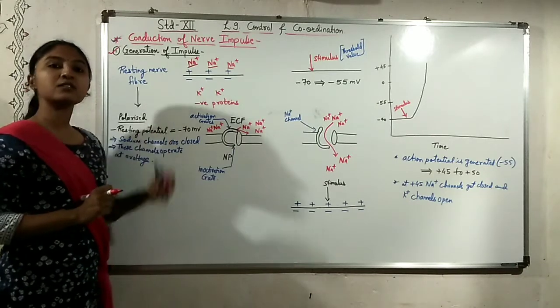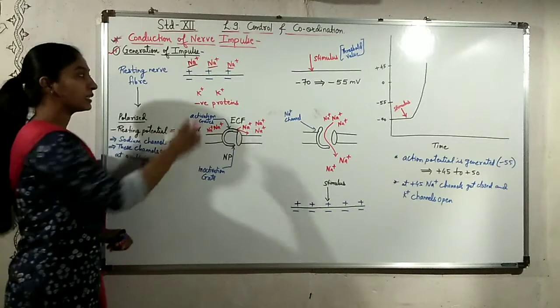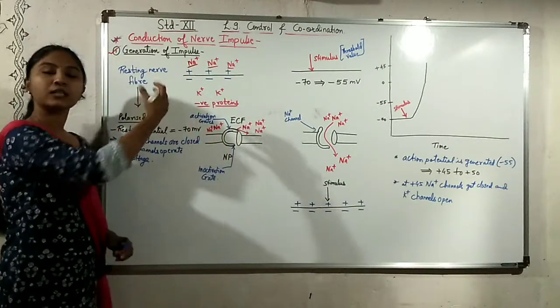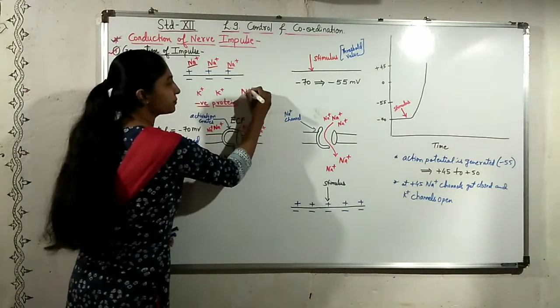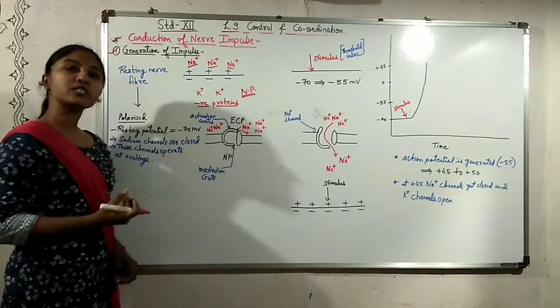Whereas the inner side of the membrane is electronegative, and this is because of the negative proteins which are present in the neuroplasm.